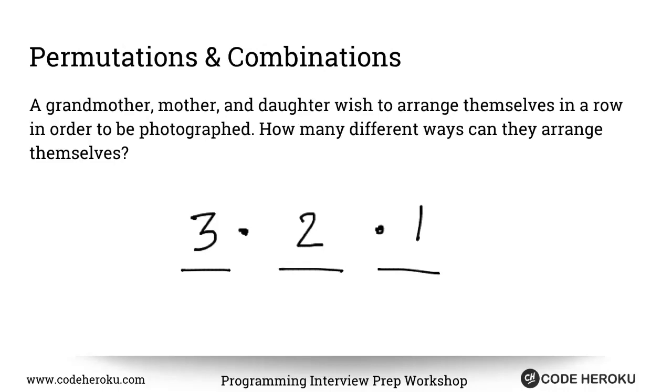For the second spot, there are two, and for the last spot, there is only one person who could go over there, right? Whoever is remaining will have to go on that spot. So multiplying all these three together will give you 6. So there are only 6 ways you could arrange 3 people. So either you remember it using the formulas, or just think it logically in your head, and that's how I would go about doing it.